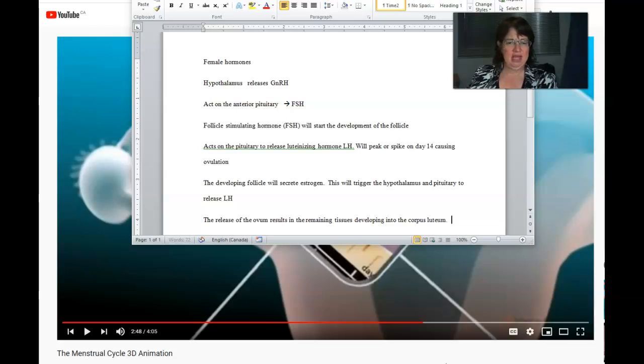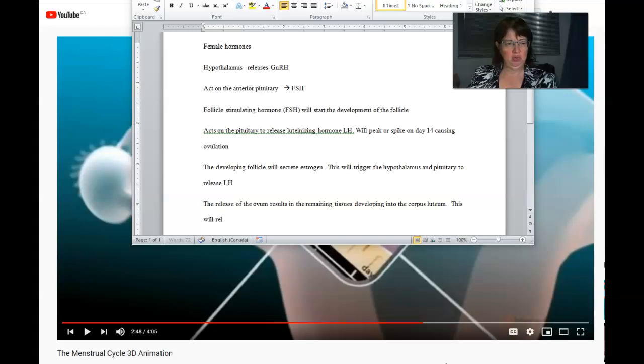Okay? This will release progesterone, which helps thicken and maintain the uterine lining.